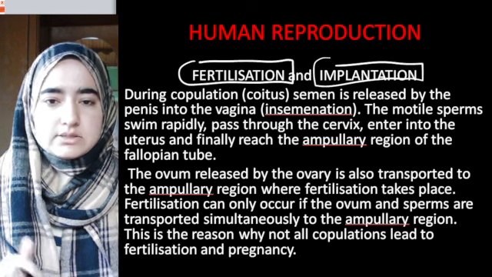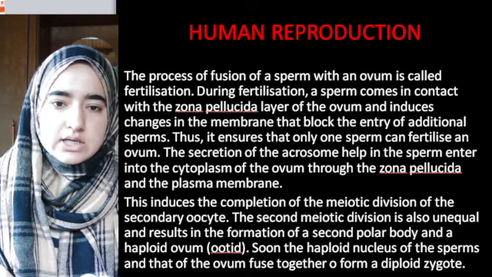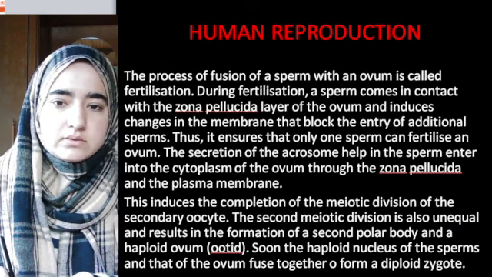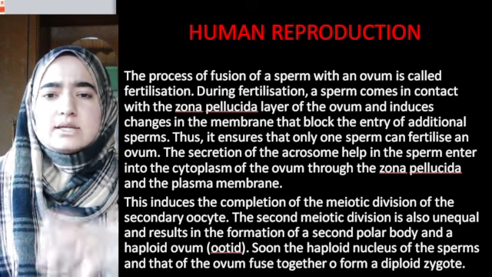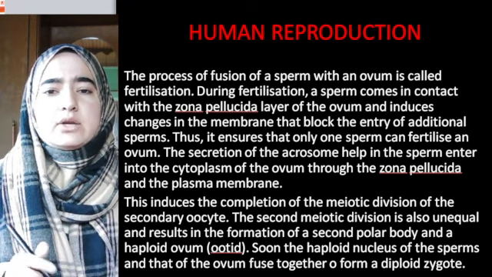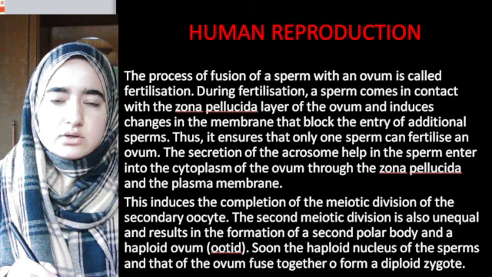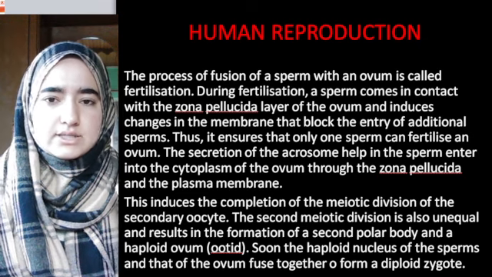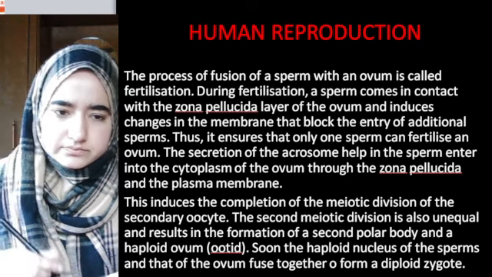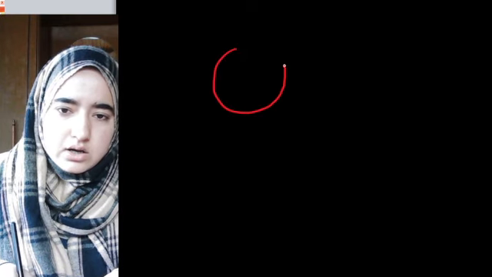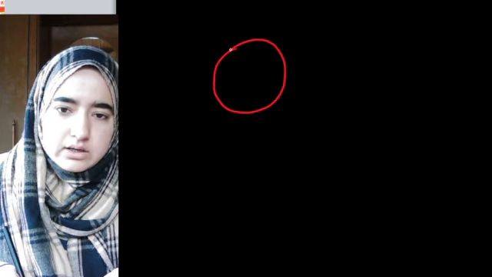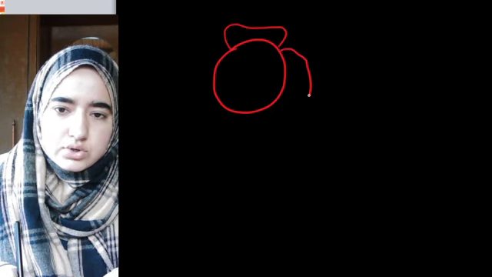I hope this concept is clear. Moving forward, this process of fusion of sperm with an ovum is known as fertilization. And what happens during fertilization? The ovum has one layer known as zona pellucida.